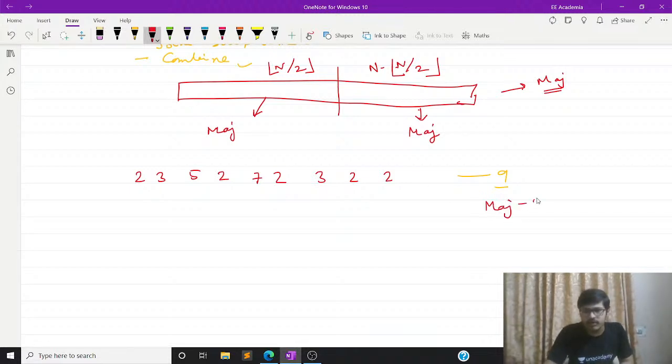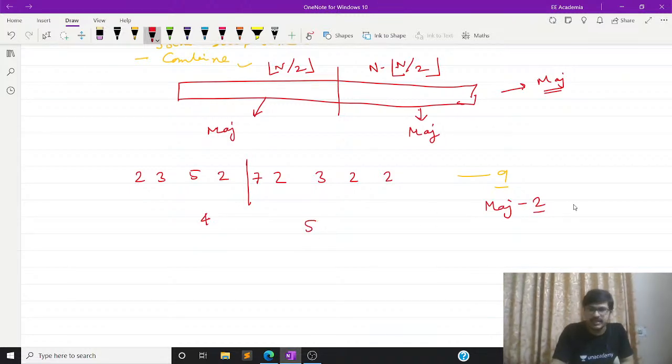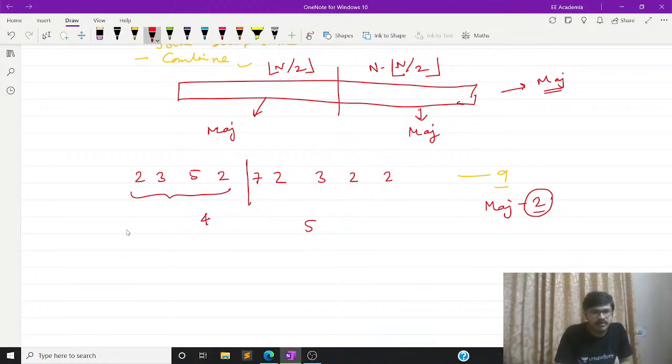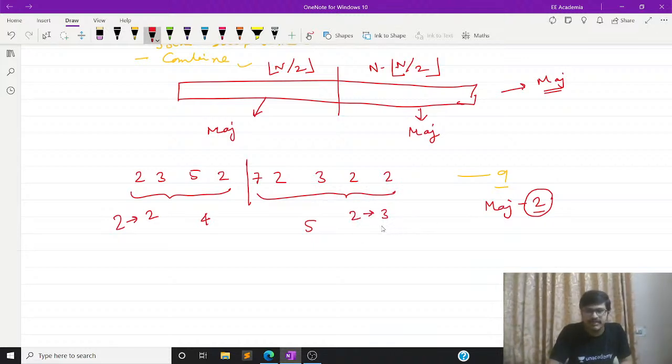If you look at what we said, if I divide this array into two halves, let's say the first half contains 4 elements and the second half contains 5 elements, then this 2 is going to be the majority element either in the left half or the right half. In the left half, 2 is occurring 2 times. And in the right half, 2 is occurring 3 times. So you see that 2 is the majority element in the right half.